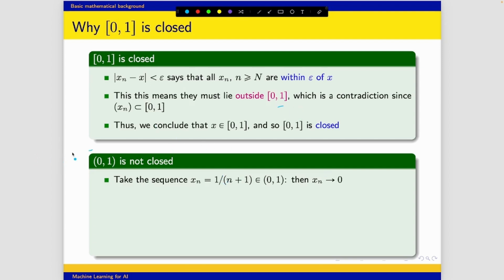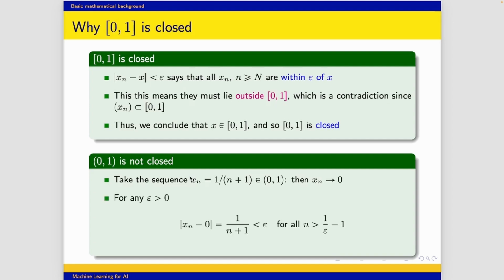Well, the first value will be 1 over 1 plus 1, so it'll be a half. Then we'll have a third and a quarter, etc. And all of these lie between 0 and 1. Now, they are approaching 0 as n tends to infinity, right?